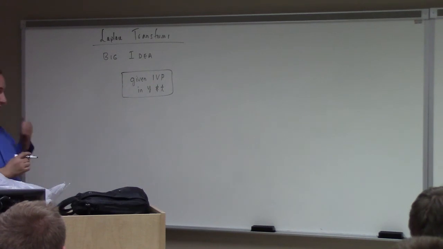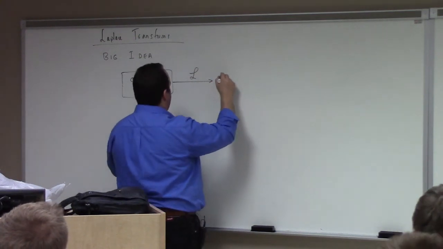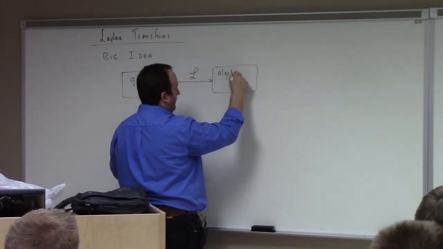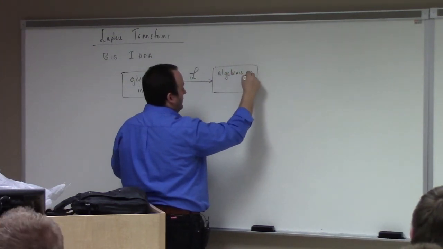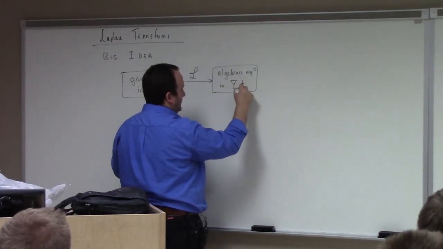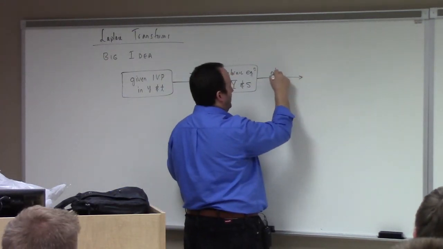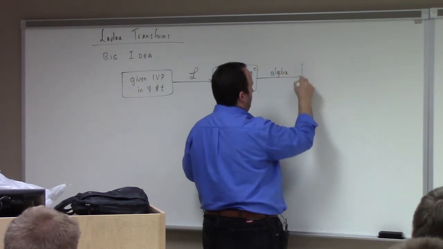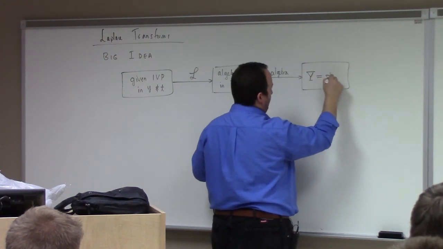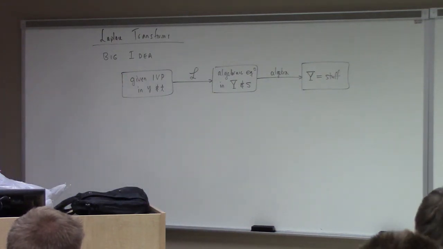Then you take the Laplace transform of that, and that gives you an algebraic equation, usually in big Y and s. Then you do algebra. Algebra gets you to Y equals stuff. That's pretty straightforward, usually.